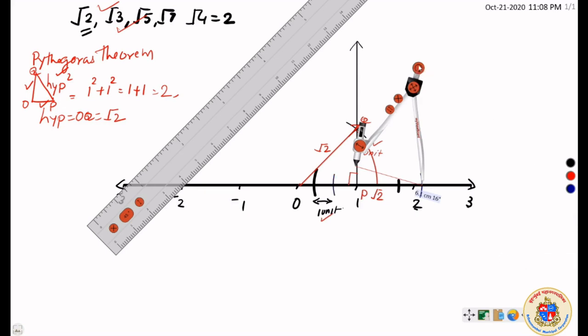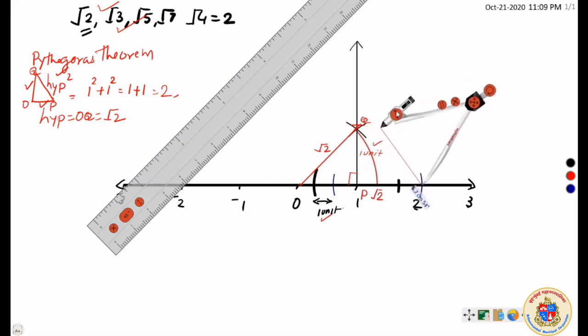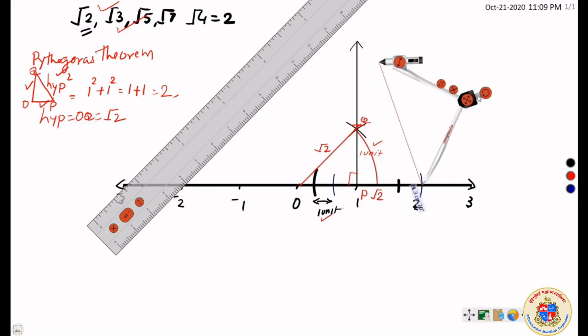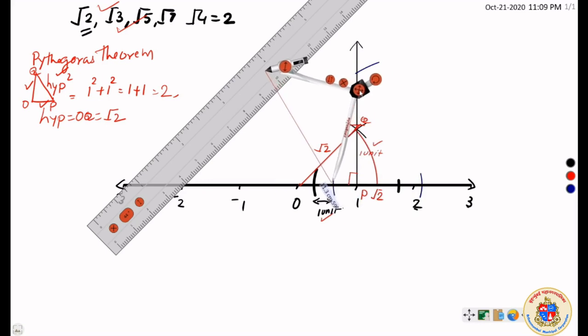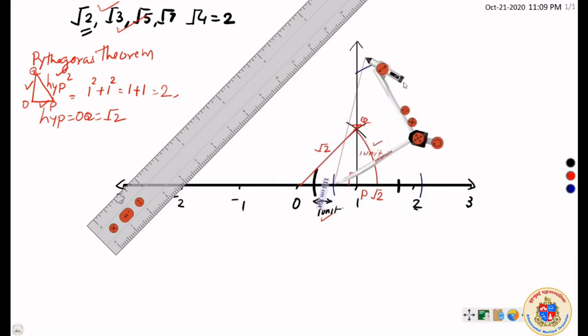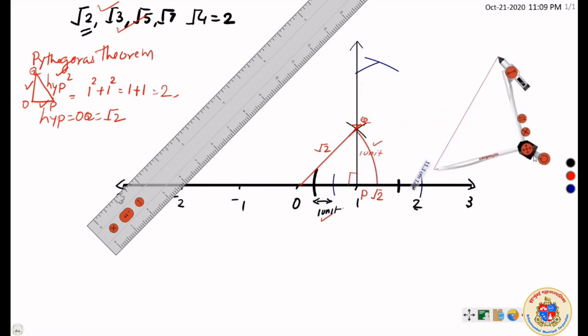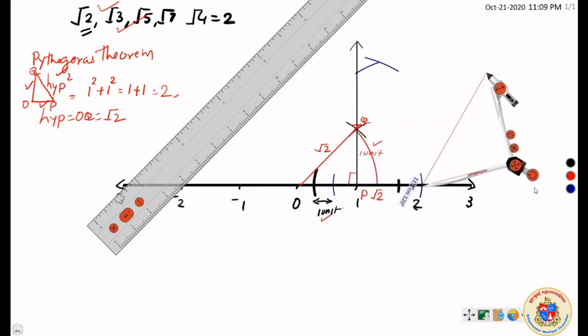Take a convenient expansion, I would say, so that it won't disturb anything else. We are going to draw a perpendicular at root 2 this time. Accordingly, we will mark the arc. Then I have to keep it back again to complete it perfectly.